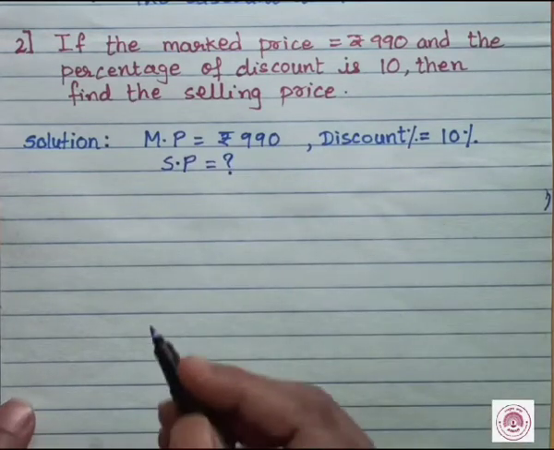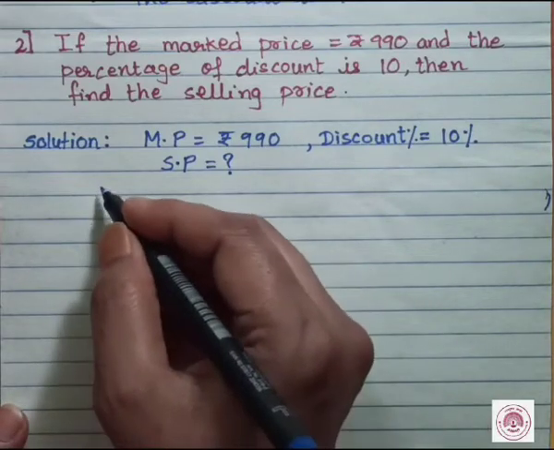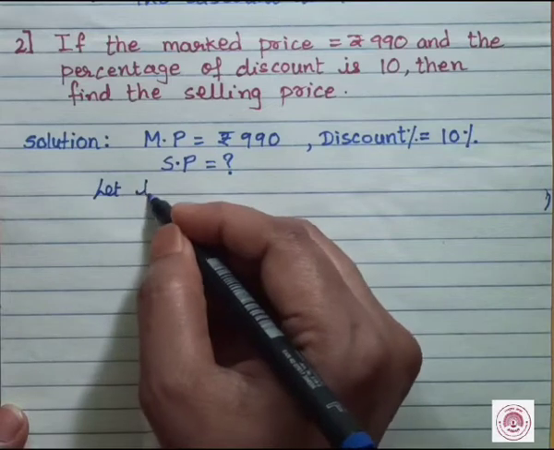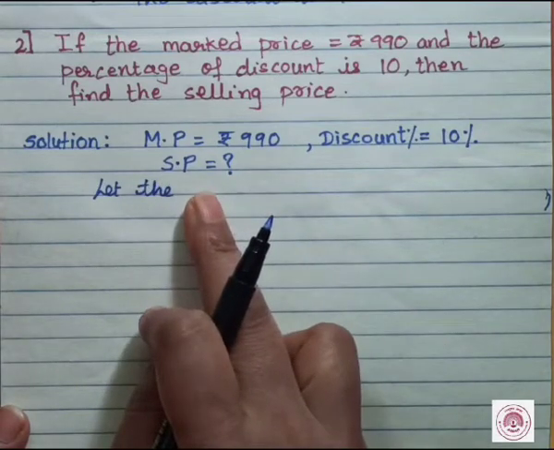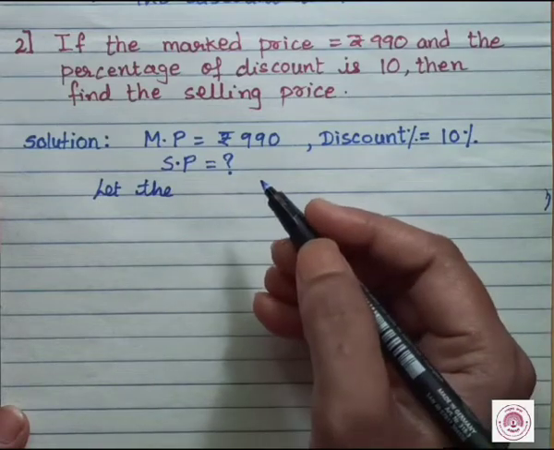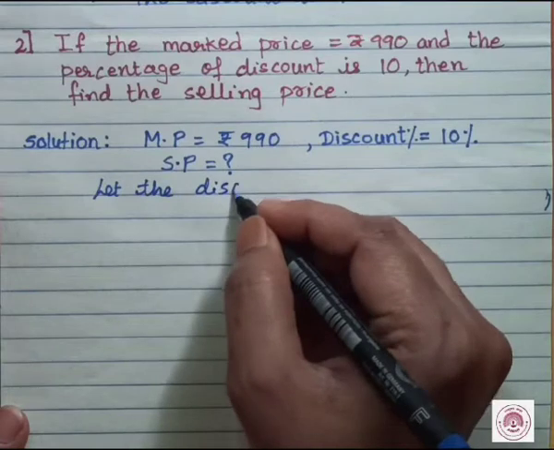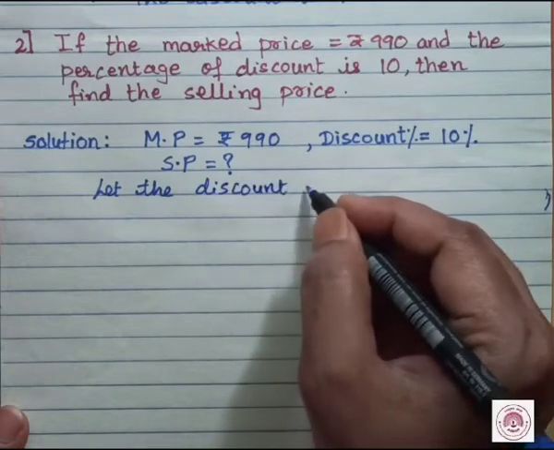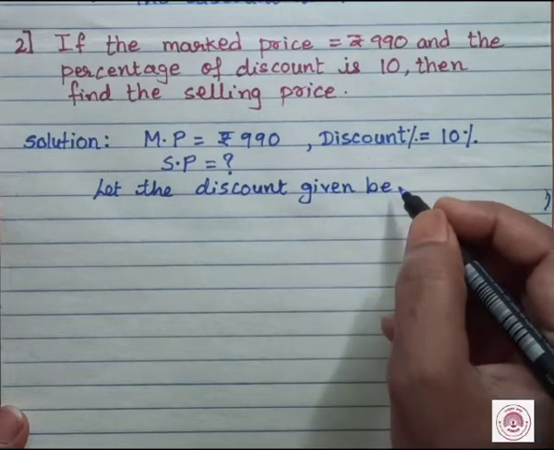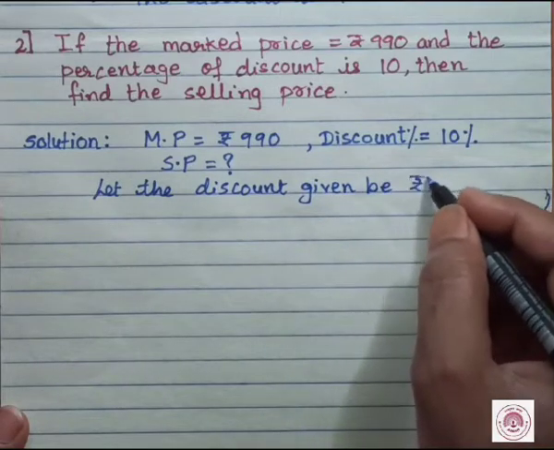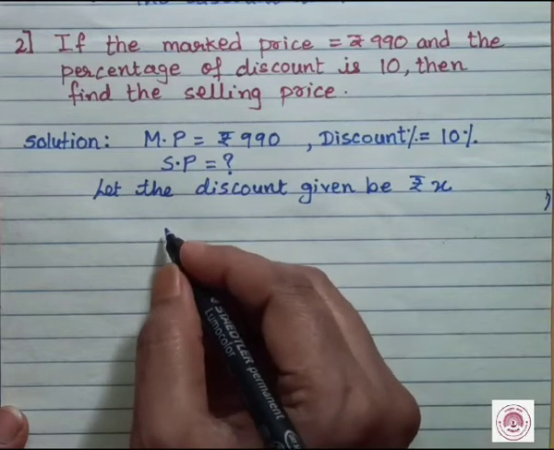Okay, now see, to find the selling price we need the discount. So let's find out the discount. Let the discount given be rupees X. Okay, so then we can write the formula.